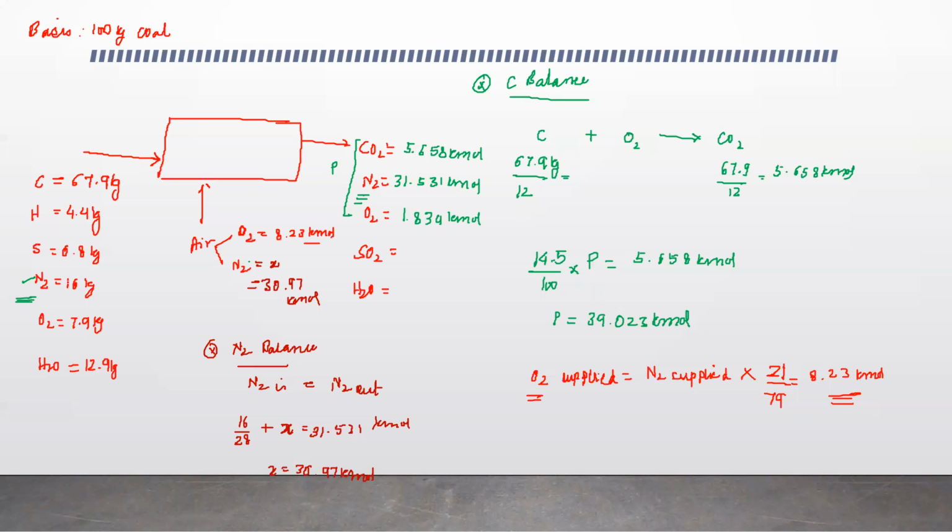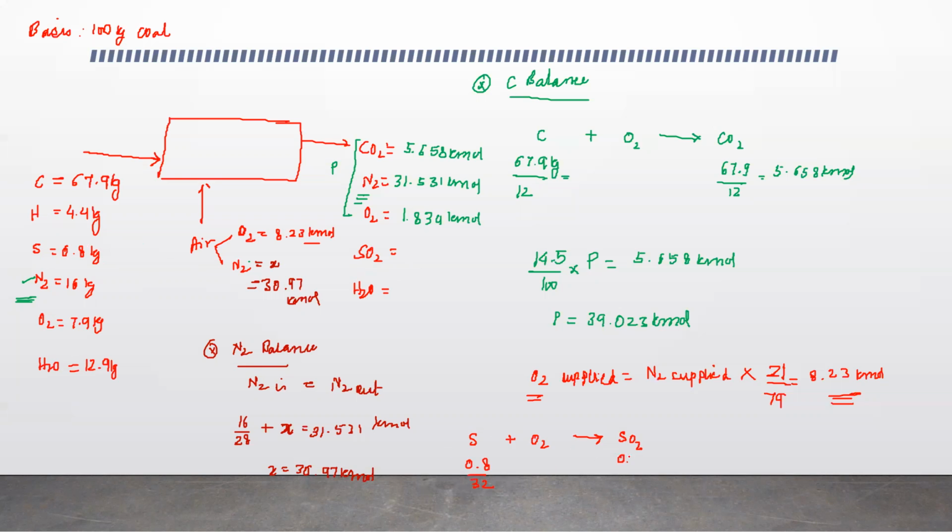So over here we have sulfur, that is 0.8 kg. We need to complete the block diagram. That's all. So sulfur is 0.8 kg. So in order to evaluate the sulfur dioxide formed, we are again going to use stoichiometry. So we know that sulfur plus oxygen gives us SO2. So sulfur is 0.8 kg upon 32, its molecular weight.